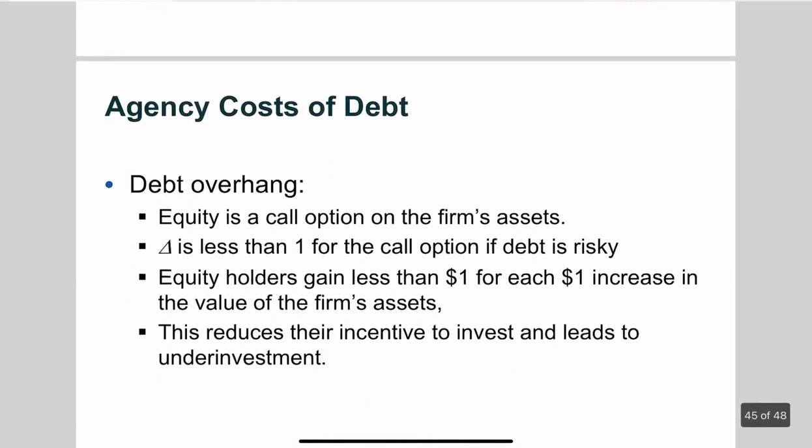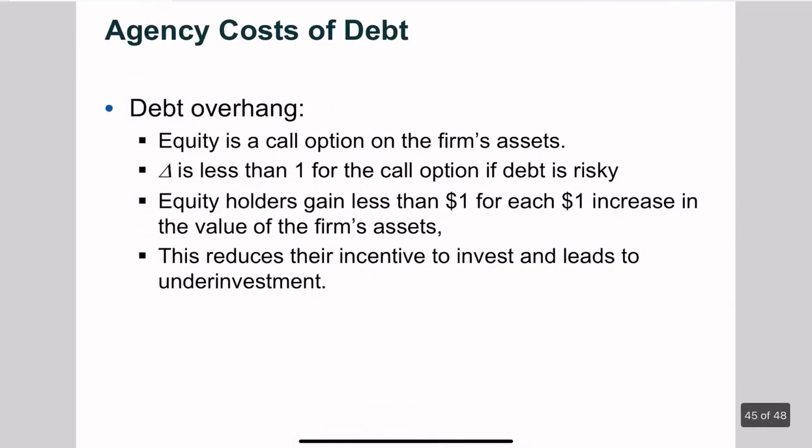And then we also talk about debt overhang, right? In that chapter, debt overhang basically means if the firm has default risk, then equity holders sometimes will pass on those positive NPV projects.